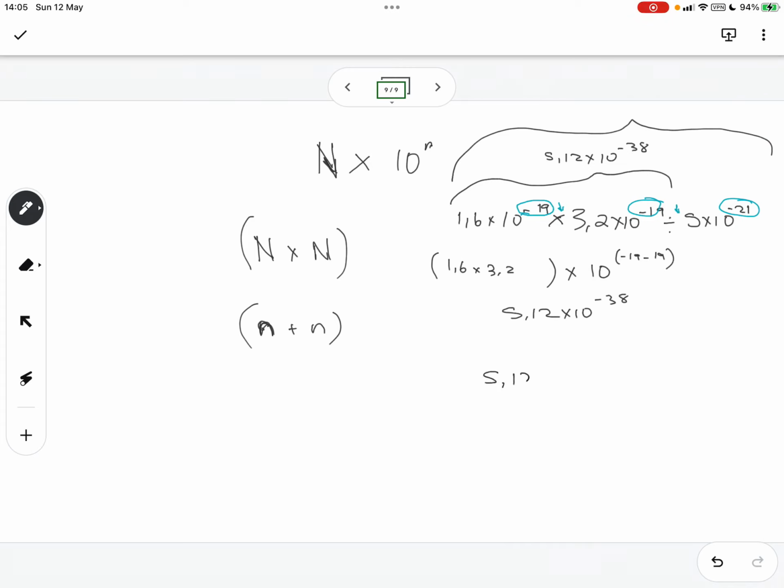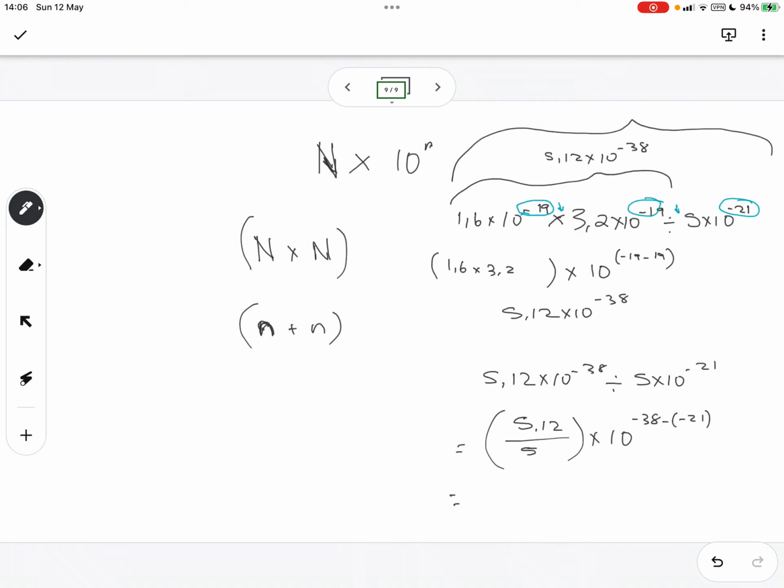So it's going to be 5.12 times 10 to the negative 38 divided by 5 times 10 to the negative 21. So because of the divide, I subtract the exponents. 5.12 divided by 5 times 10 to the power negative 38 minus negative 21.